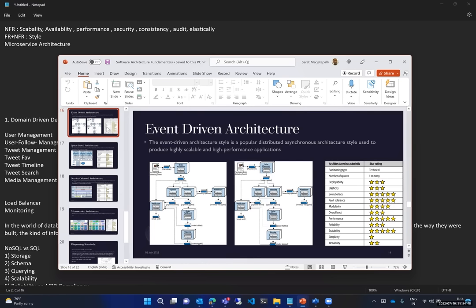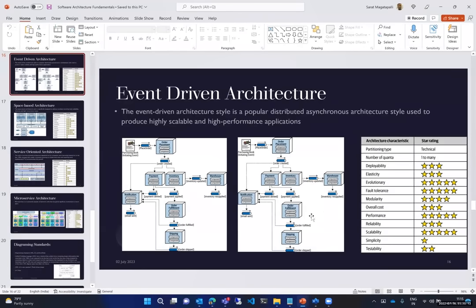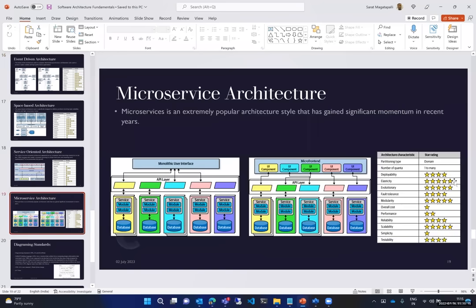Yeah. See, each and every architecture has its own trade-offs. Of course, to your point, event-driven also will work, right? There is no hard and fast rule to say that always you need to use microservices only, right? So this can be implemented using the event-driven as well, right? But if you look at this diagram, event-driven elasticity is only 3 points, whereas if I go to the microservice architecture, the elasticity is more.